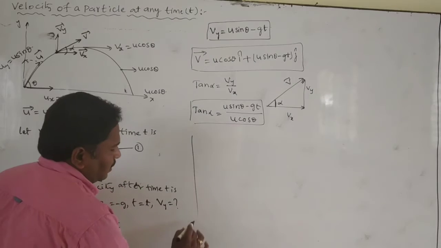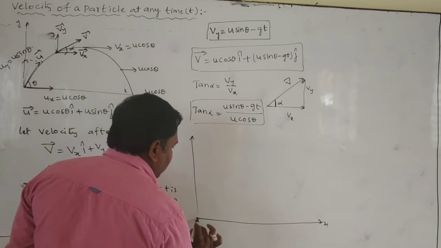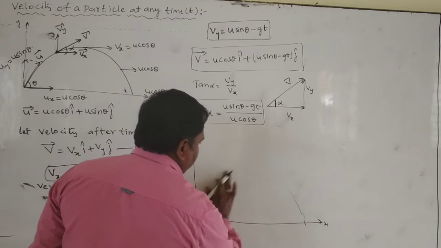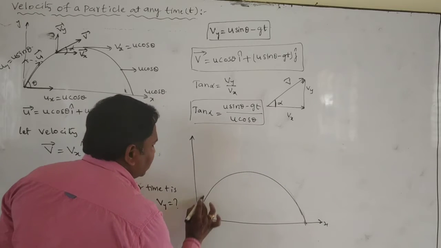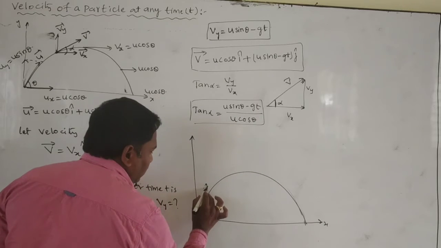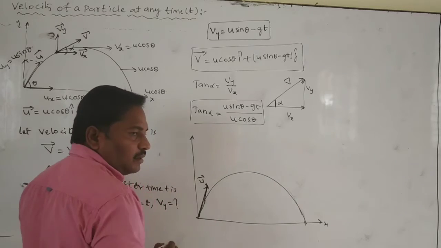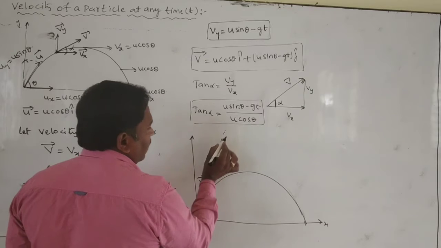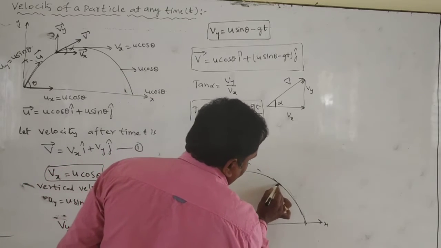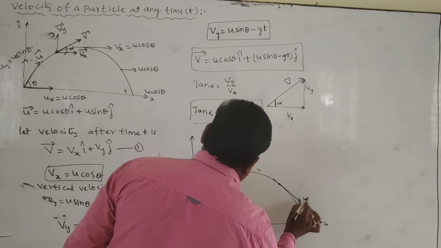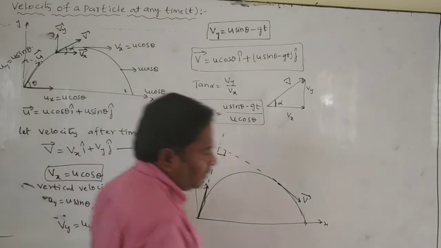So the particle is projected in this way. The initial velocity vector is u bar, and the final velocity vector is v bar. Both are perpendicular.